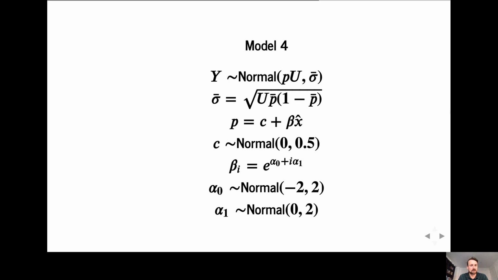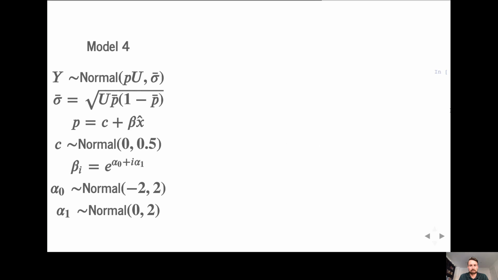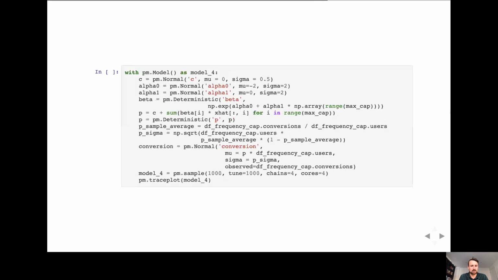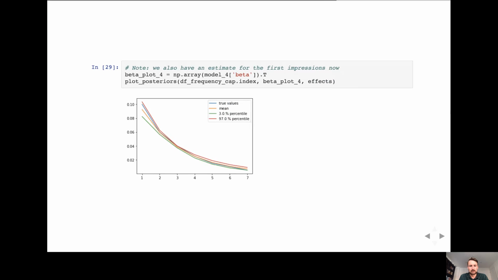So instead of having to estimate every different amount of impressions, we basically just have two parameters, alpha 0 and alpha 1, which together give the effects of every different amount of impressions using this functional form. Again, this is what our model looks like.